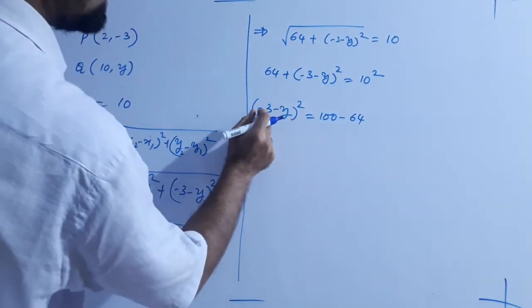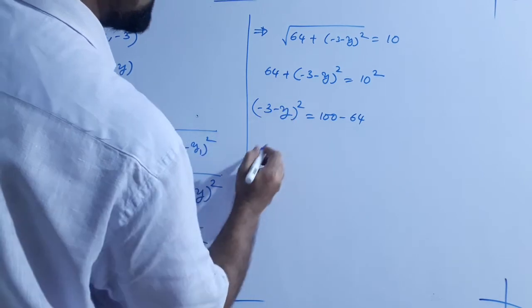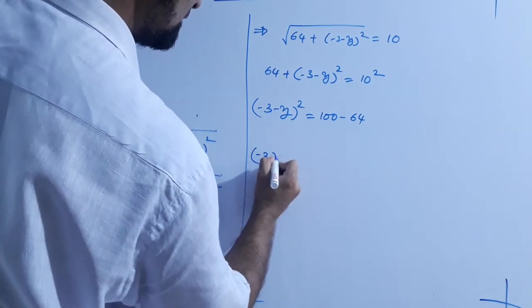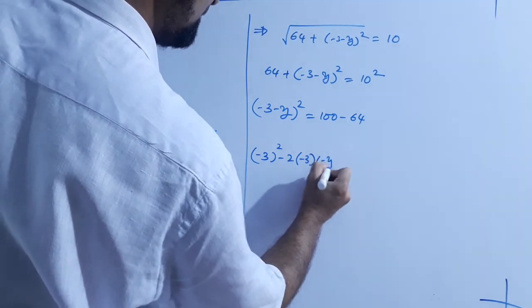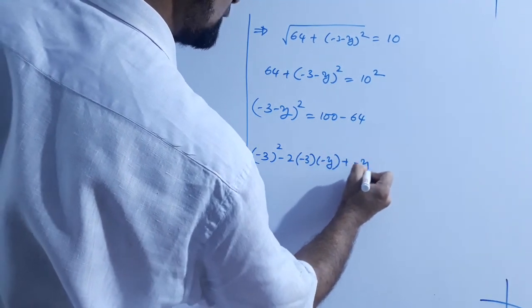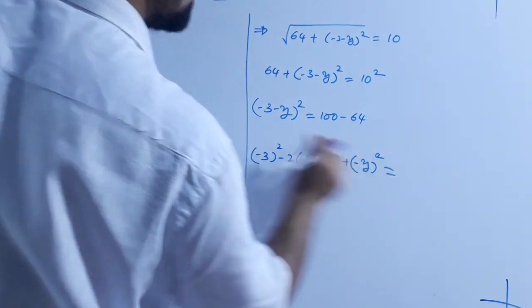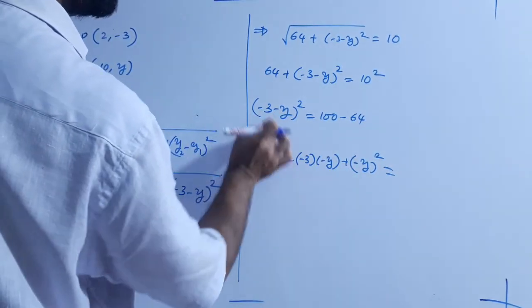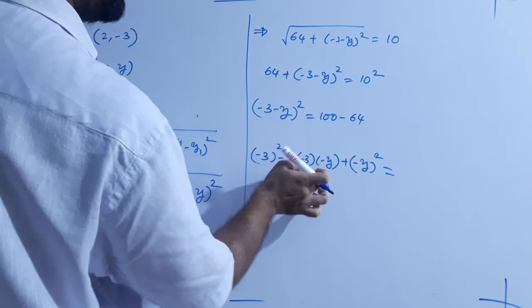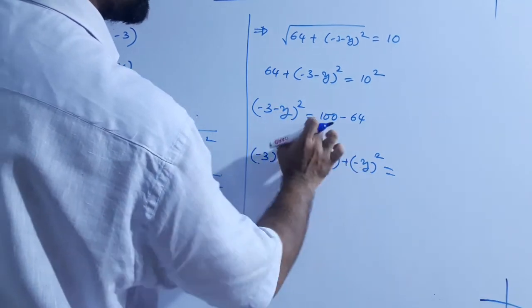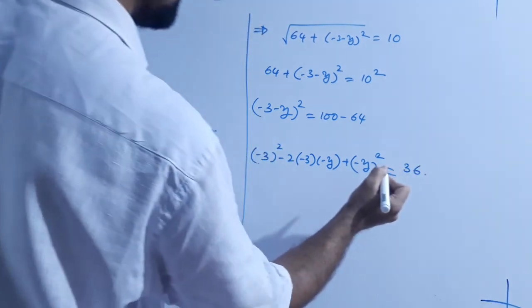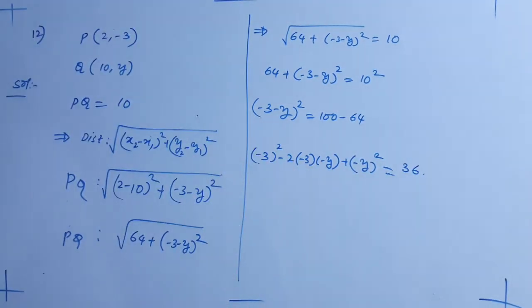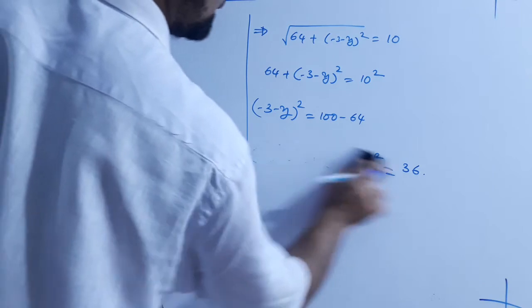Again this is (a minus b) whole square, a square minus 2ab plus b square, equals 100 minus 64, which is 36. In other words, instead of expanding this, we can directly do it.